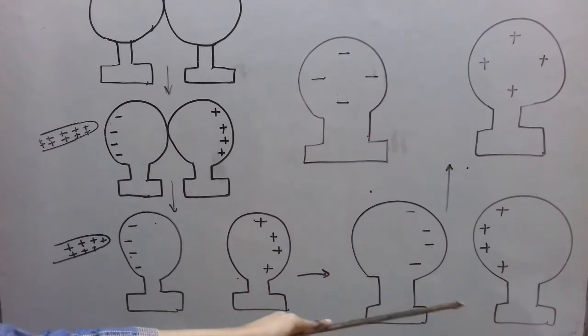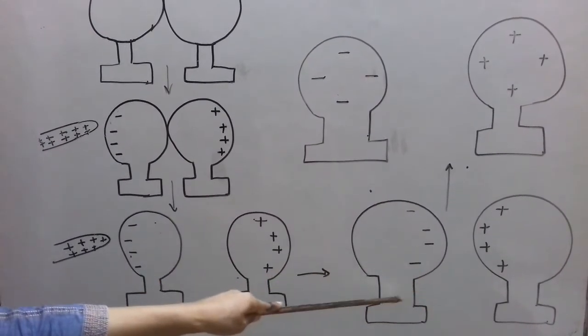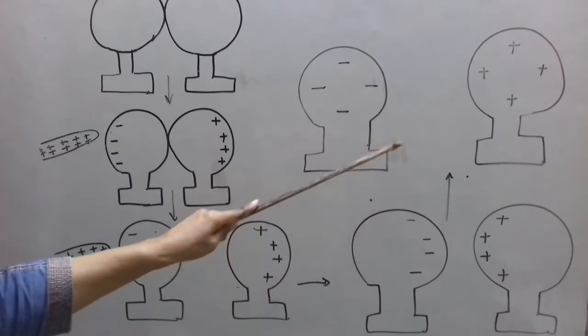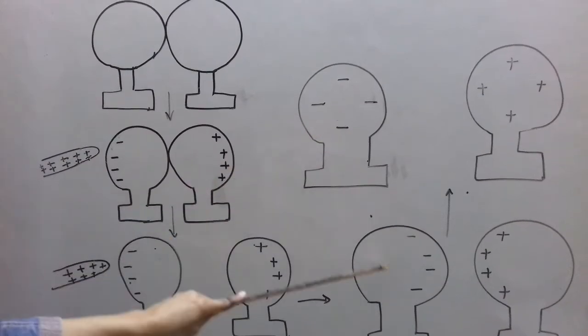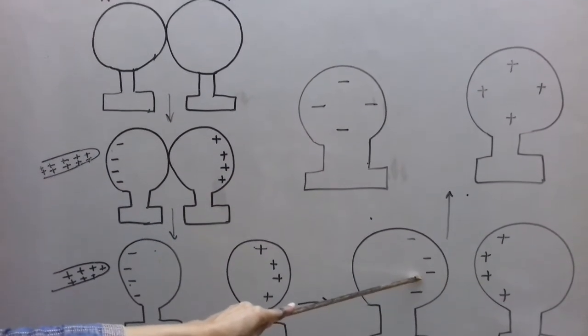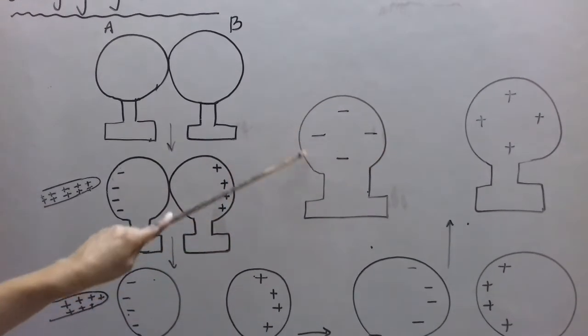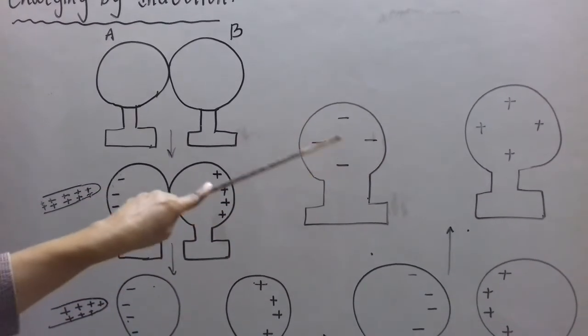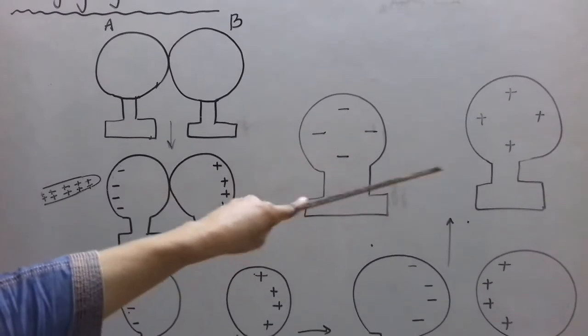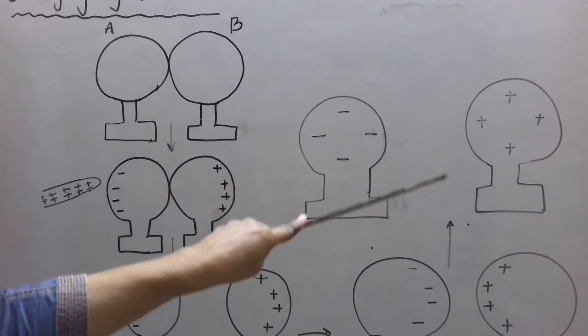Now if we increase the distance between the two spheres which are charged, what will happen? The negative charge which was on the right hand side due to attraction of the positive charge will be uniformly distributed on the metal sphere. And the positive charge on this side will also be uniformly distributed on the sphere.